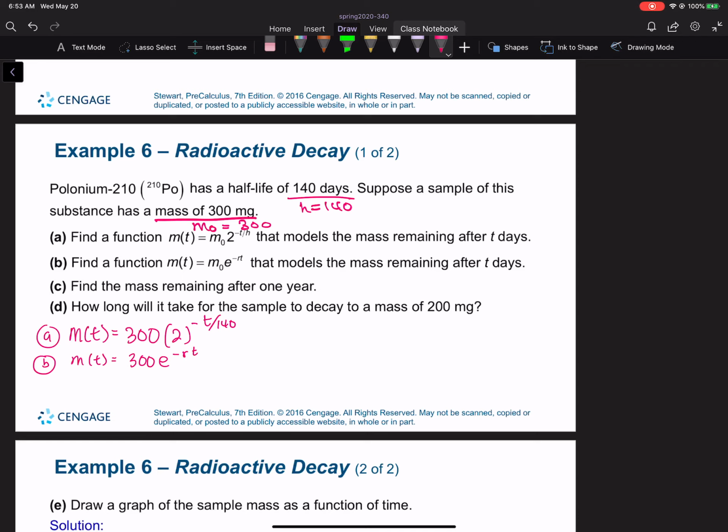The only problem is I don't know what r is, but I can find what r is. r is what? ln 2 divided by the half-life. The half-life is 140, so I get ln 2 over 140. So I can write this as m of t is equal to 300 e to the negative ln 2 over 140 times t. Okay.